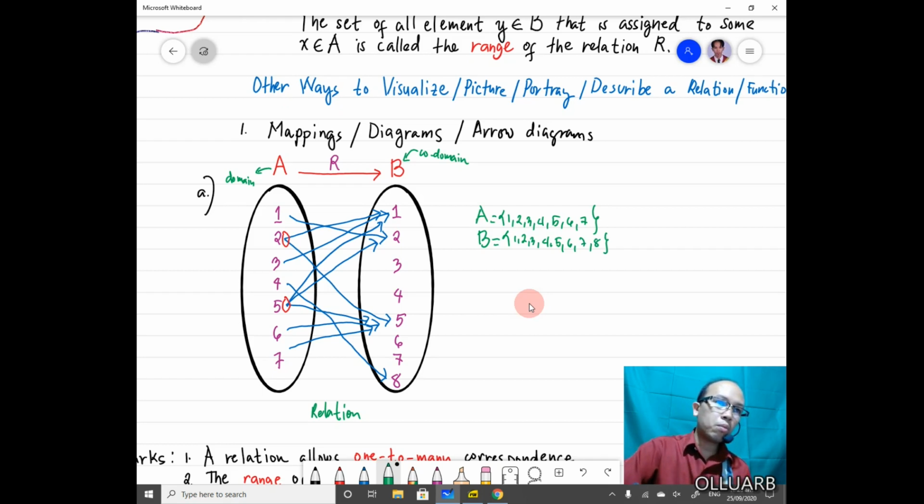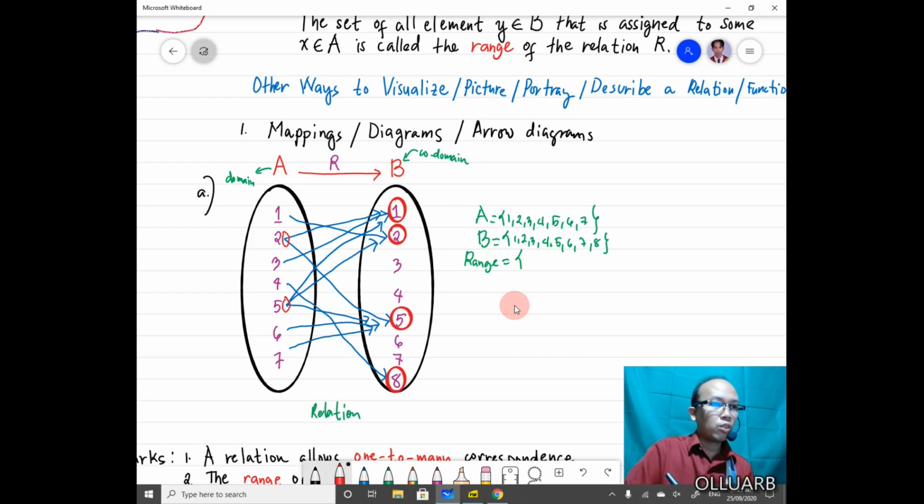The codomain must be all the elements in this set, whereas the range is those objects in the codomain that have an arrow, that have a mapping. So the answer must be these objects here, the objects that have an arrow.